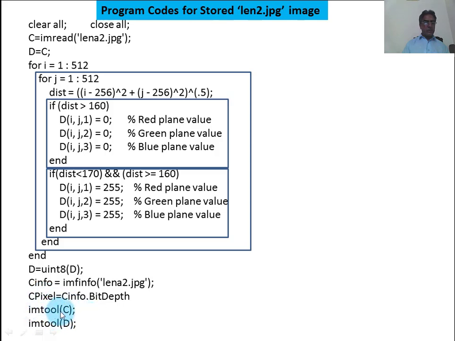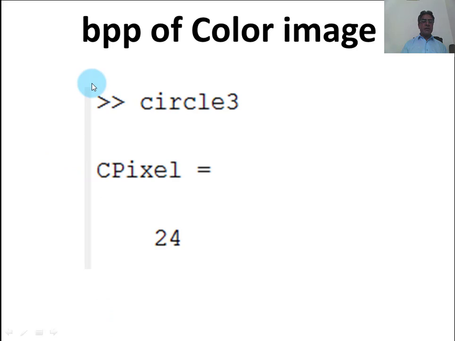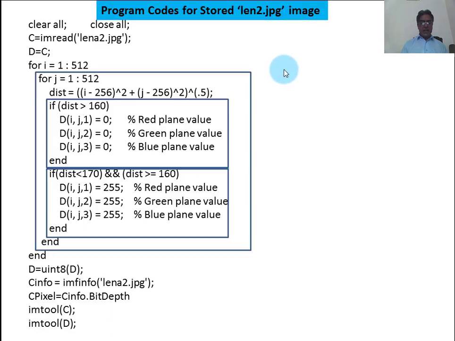Here the imtool command will show the original image C, and imtool D will show the modified image. We see the output of our images and the bits per pixel of the color image. As I showed here, in the third last line, the C pixel value will be displayed.